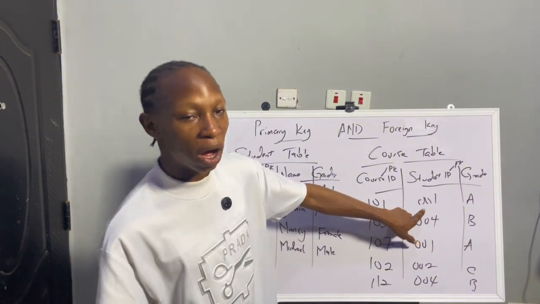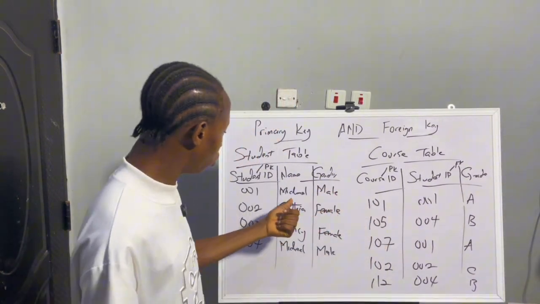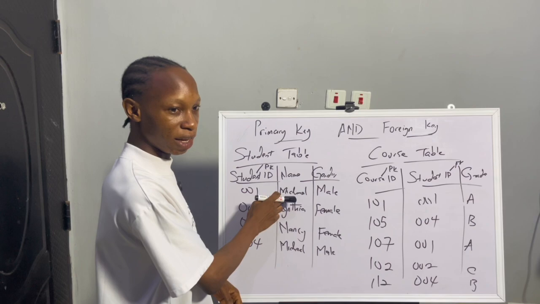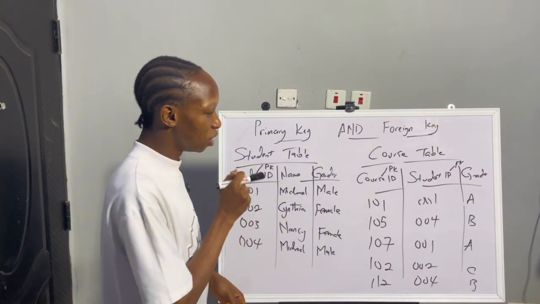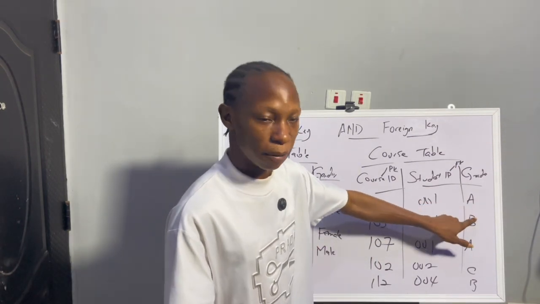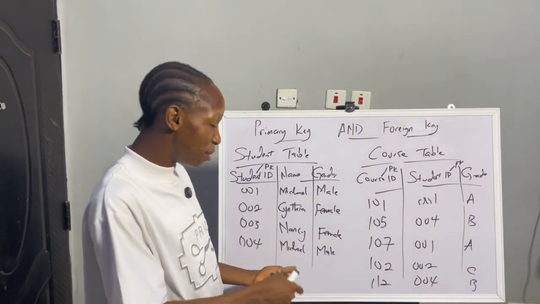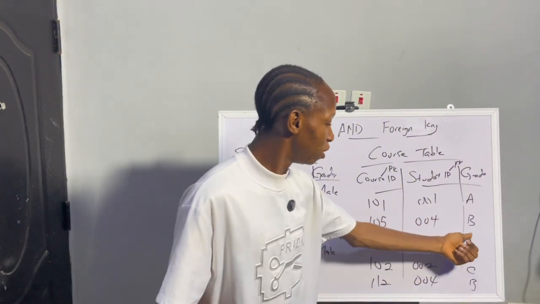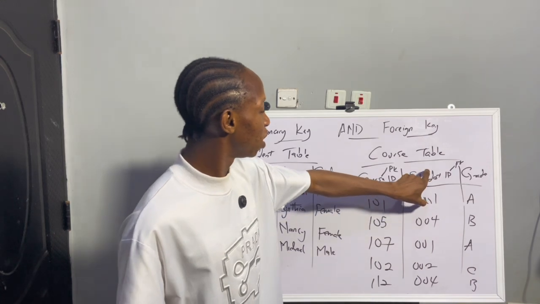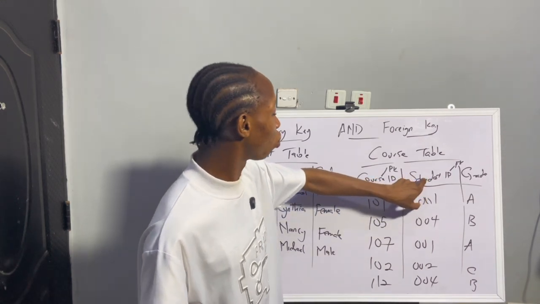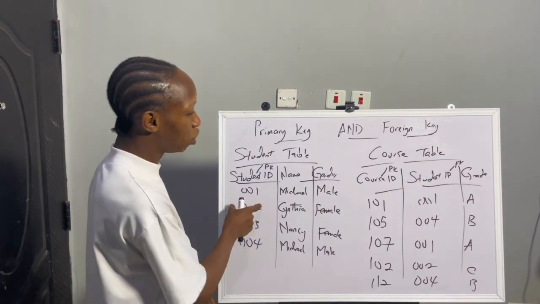Immediately you see 001, you will know that they are talking about Mike, with his grade A. Immediately you see 004, you know they are talking about another Mike, a different Mike, with his grade B.